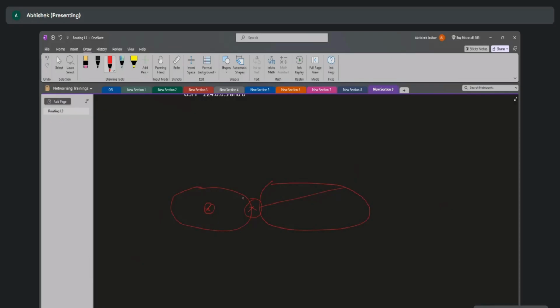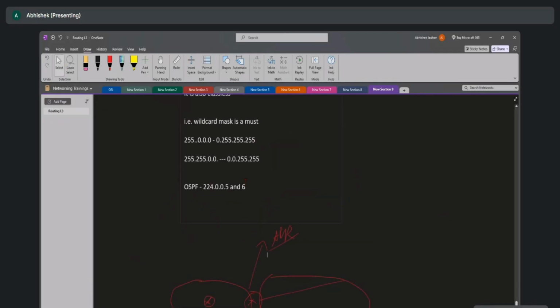This particular router is called an area border router, ABR. You can make a note of that. Then we have designated routers and backup designated routers. You need not understand each and everything there. You just have to understand what these are. That's it.